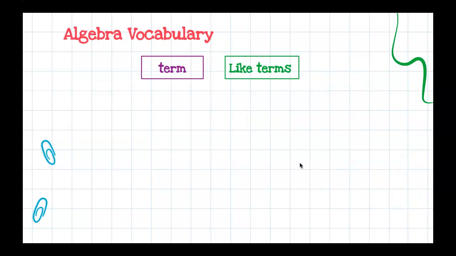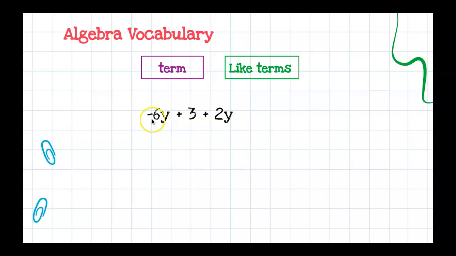Okay, for the last set of vocabulary or math words, we have term and like terms. Okay, so I have here an example of an expression. A term is a combination of an operational symbol and some variables, or it can be that it has a variable or not, but with a constant or a number.